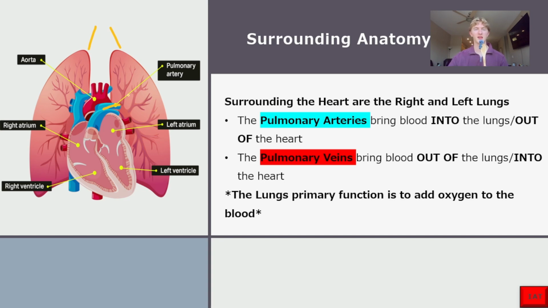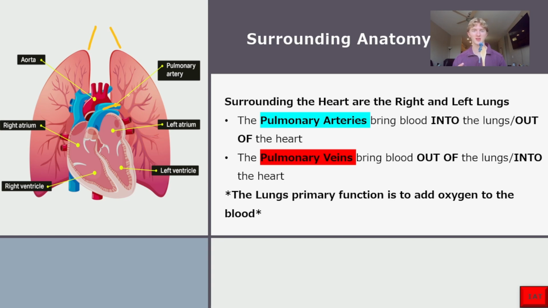The only reason that blood is going to the lungs is so that it can receive oxygen. This is going to happen through gas exchange. Gas exchange is essentially where we are exchanging gases within the lungs, as it suggests, right? So, what's actually happening is we are giving oxygen to the blood that is coming in. If deoxygenated blood comes into the lungs, it needs oxygen.